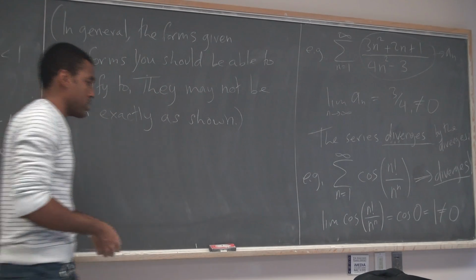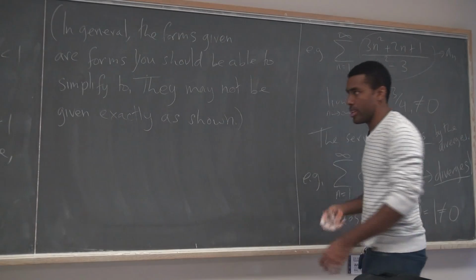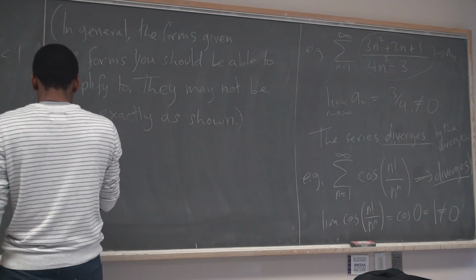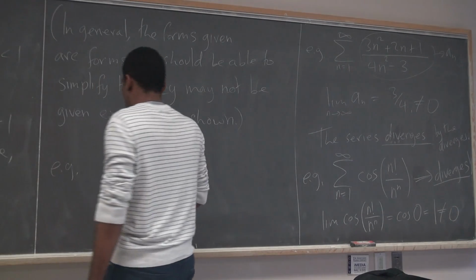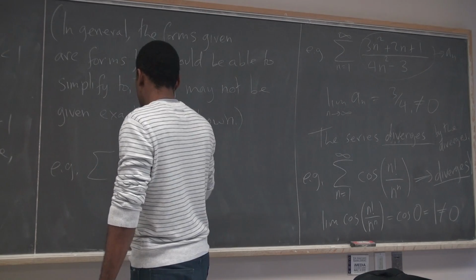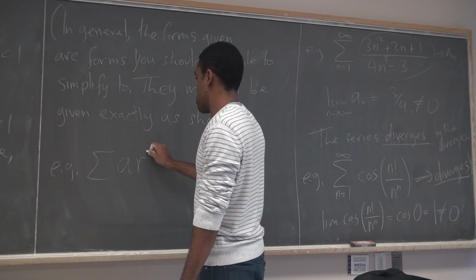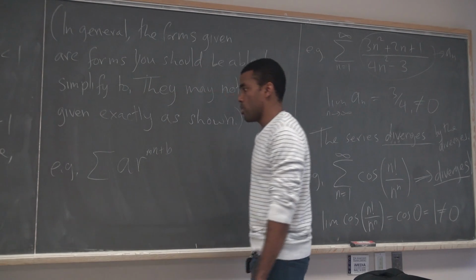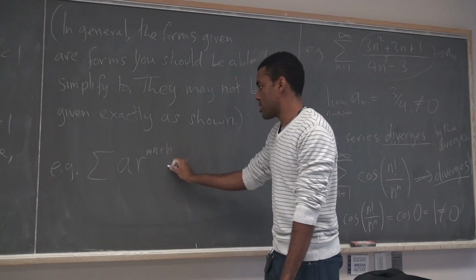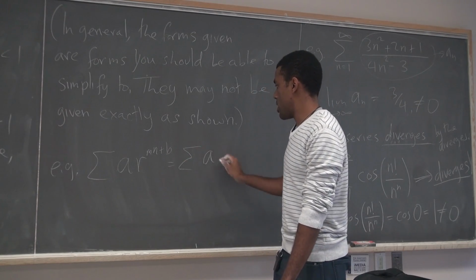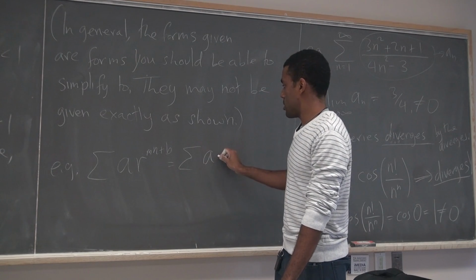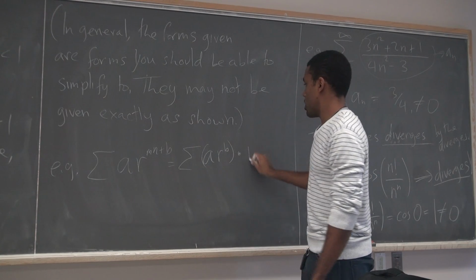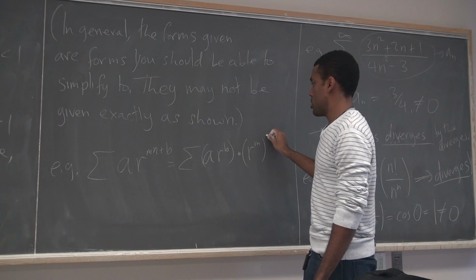You might have to simplify and see things, which is not an unusual thing. You did this with integrals as well. So as I told you, if you sort of think of things in a linear fashion, like this could be mn plus b, right? That would still fall under this because you'd be able to simplify this to something like a r to the b times r to the n to the n, right?